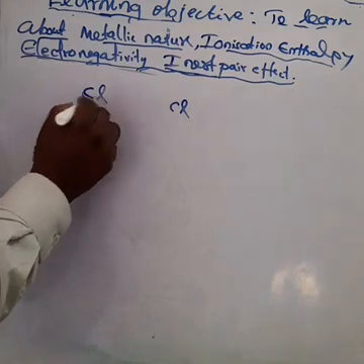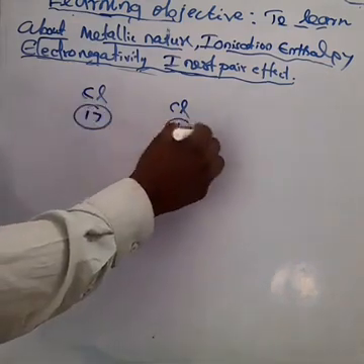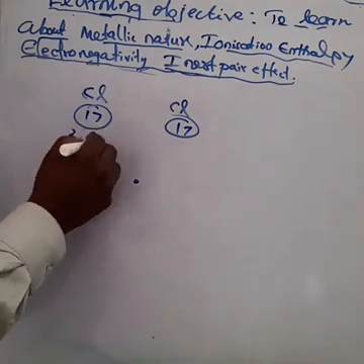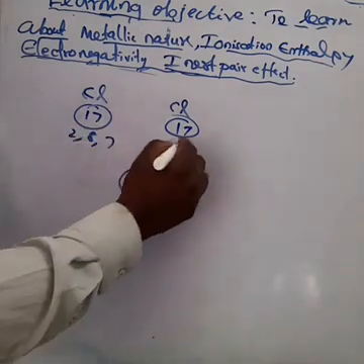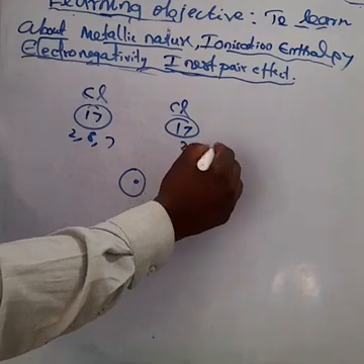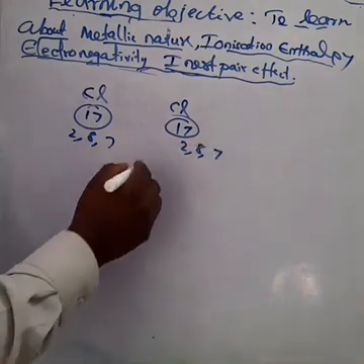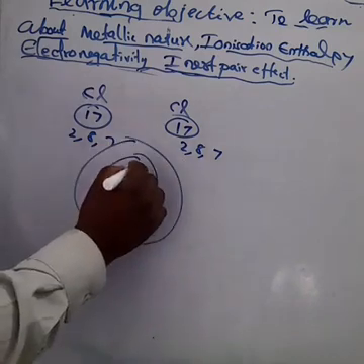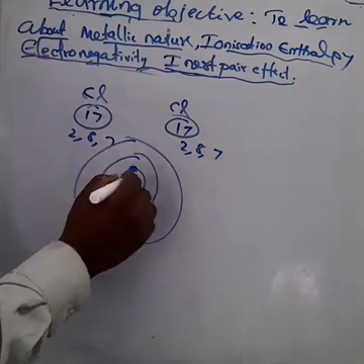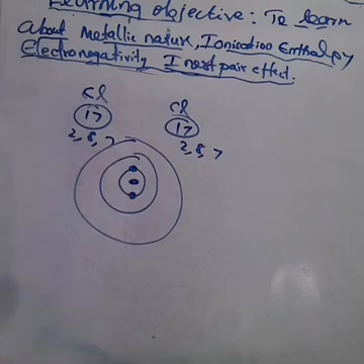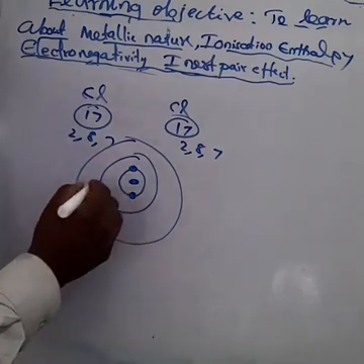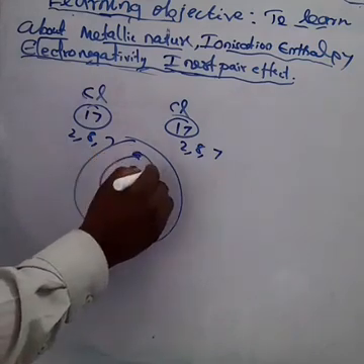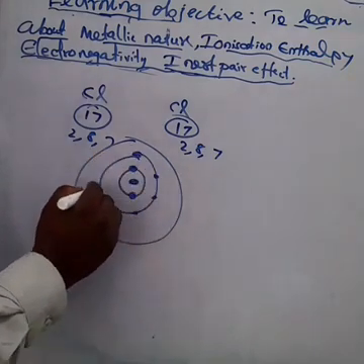The first shell can accommodate 2 electrons, the second shell 8 electrons, the third shell 7 electrons. First I am drawing one chlorine. This is the nucleus of a chlorine, with protons, and the first shell, second shell, third shell. The first shell has 2 electrons, the second shell has 8 electrons, the third shell has 7 electrons.